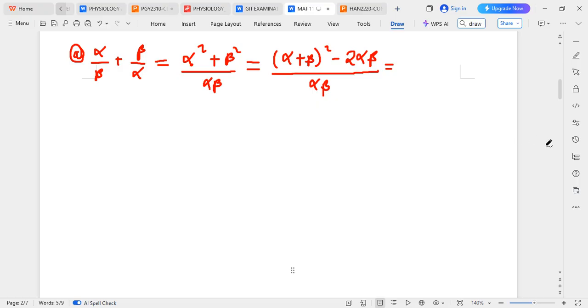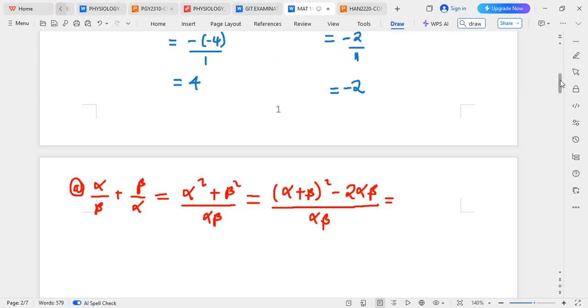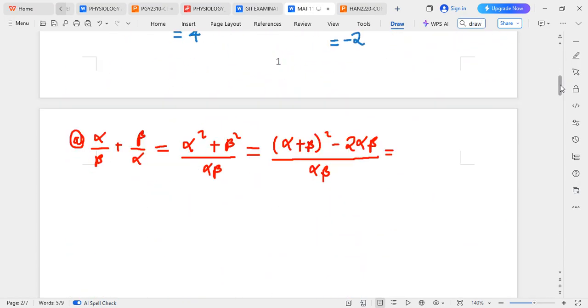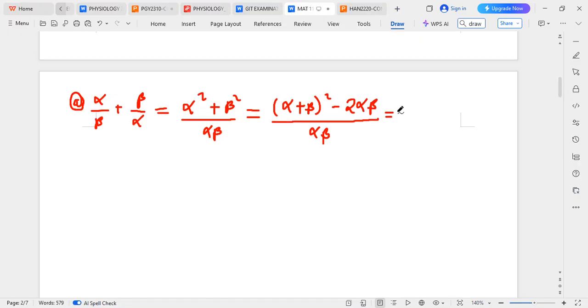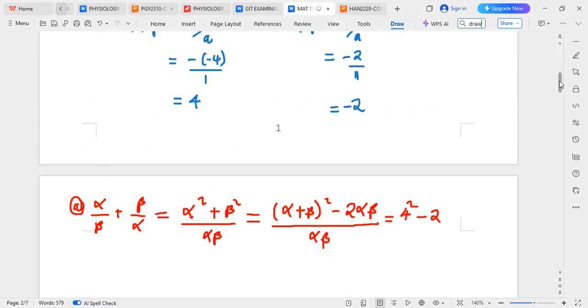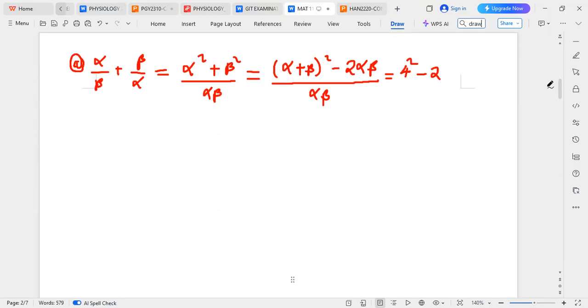So alpha plus beta, remember, is a 4, so I'm going to put a 4 there. But this is alpha plus beta squared. And then minus 2 alpha beta, remember alpha beta is negative 2. And again in the denominator, alpha beta is negative 2.